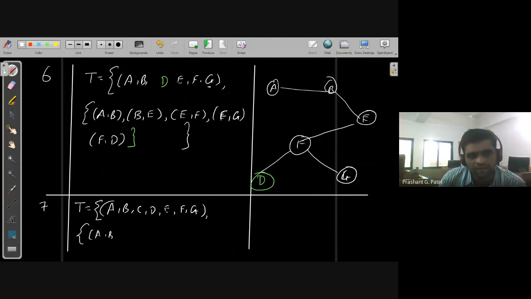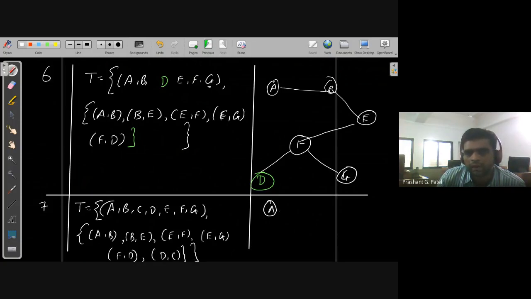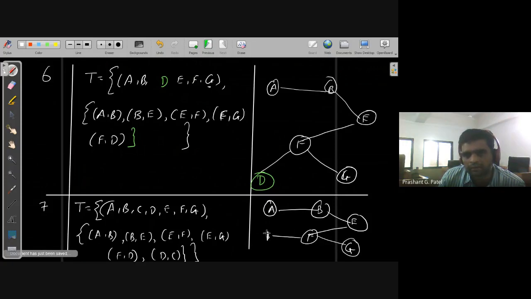What are the edges? AB, BE, EF, EG, FD, and DC. So you will have A to B to E, F to G to D, and then from D to C.